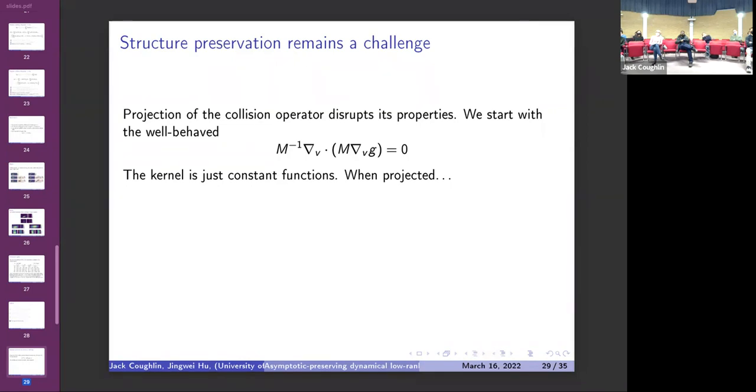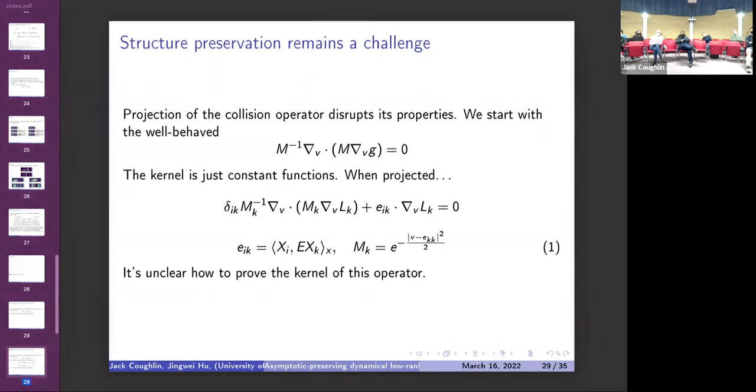But when you project this onto the low rank basis, it turns into this hairy matrix where the diagonal entries are like this, but centered around a different flow velocity. So E_k is this integral.